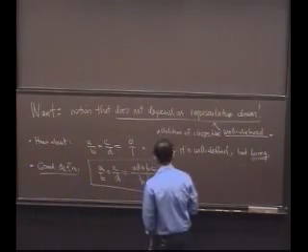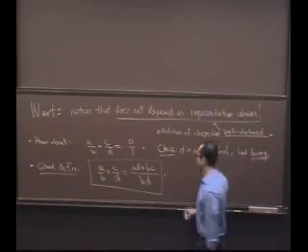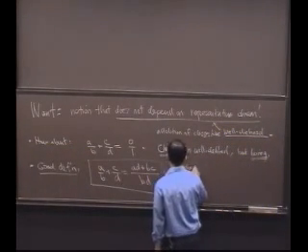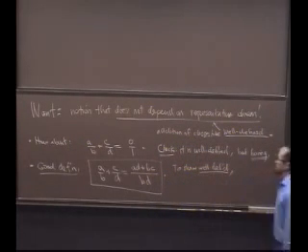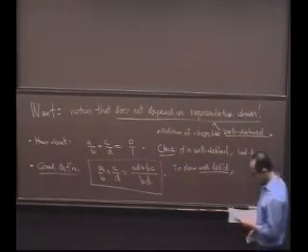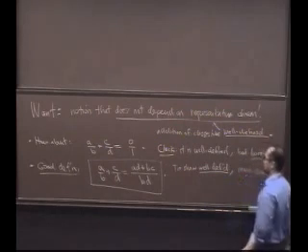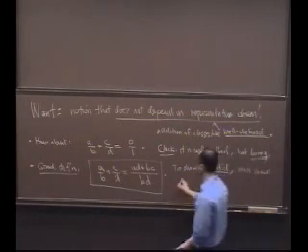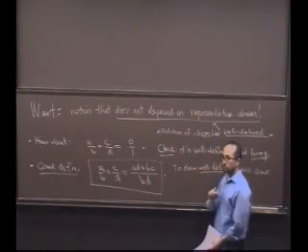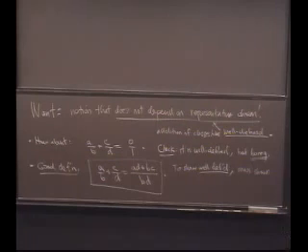What would I have to do, and you're going to do this on your homework, to show this is well defined? I must show that two members from the same equivalence class will give you the same answer.